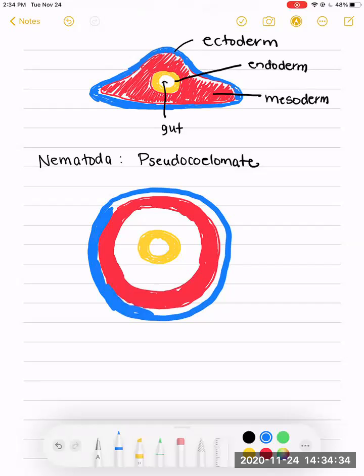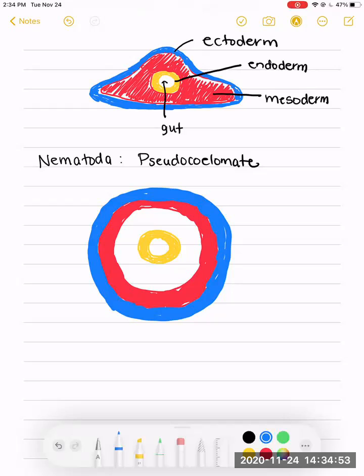That space between the endoderm and the mesoderm can be filled with fluid to create a hydrostatic skeleton, and it can house some more complex organs than what we saw in the flatworms.